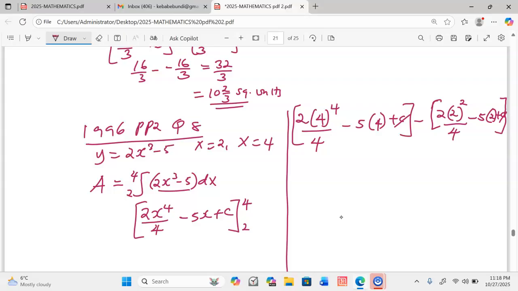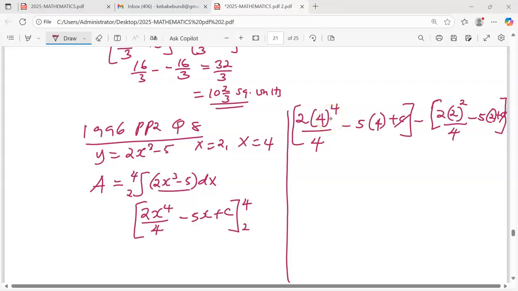So we are going to have 4 raised to the power of 4, which will give us 128 times 2, 256 divided by 4. You get 128. 128 minus 20, then minus 2 squared will give us 4 times 2, which is 8. 8 over 4 will give us 2.